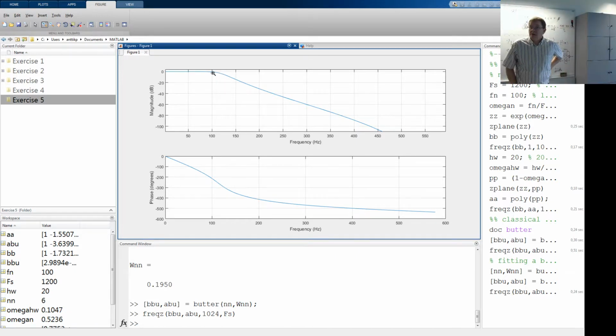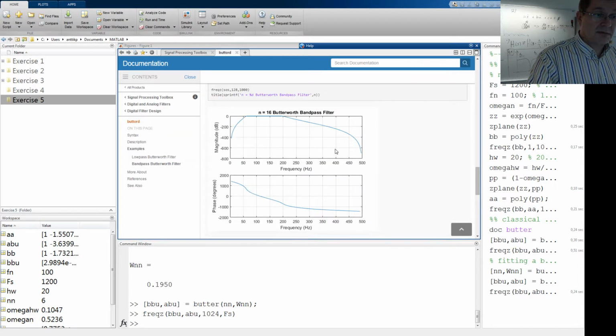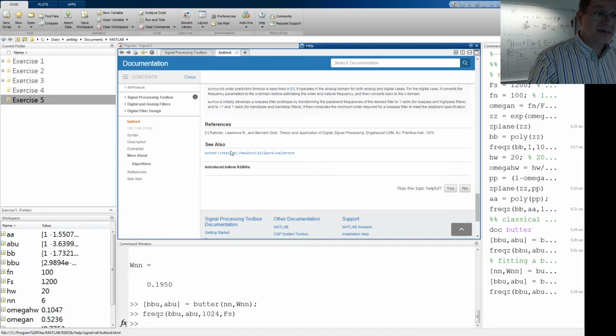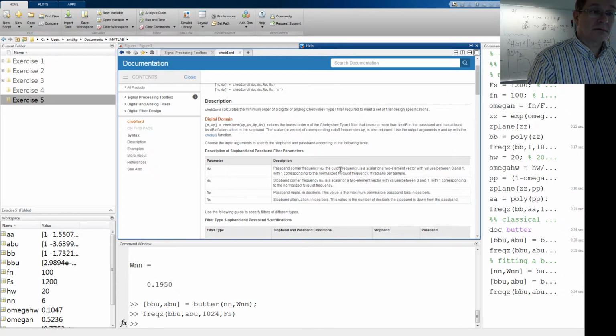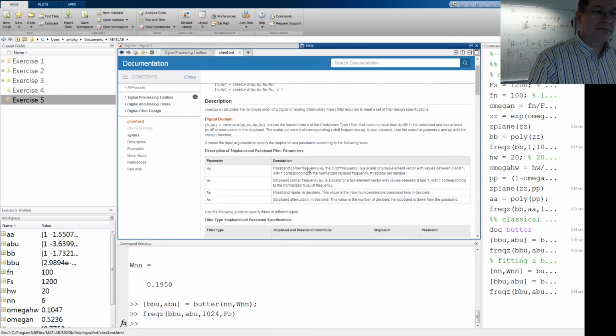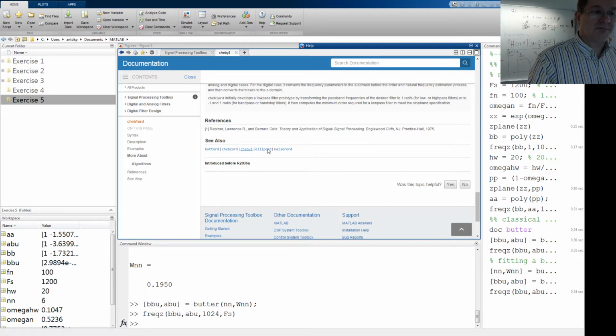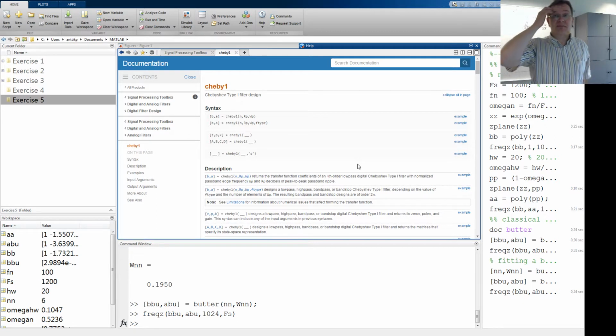Basically, you can do similar kinds of designs also with the Chebyshev and the elliptic. They all have similar helping functions. So let's see, buttord, cheb1ord would be used with the Chebyshev one filter design subroutine.